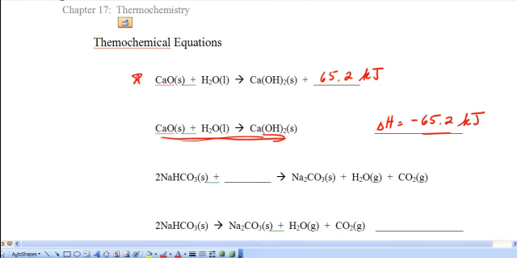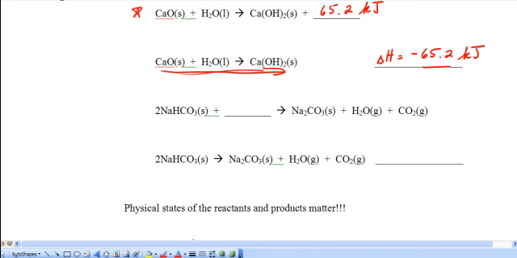In the next set of equations, we're going to have an endothermic process. It's the decomposition of sodium bicarbonate, and it actually absorbs 129 kilojoules of energy. And so because it's absorbing that energy, we put it on the reactant side. Of course, you could put it off to the right, just like you did before, where you express the change in enthalpy.